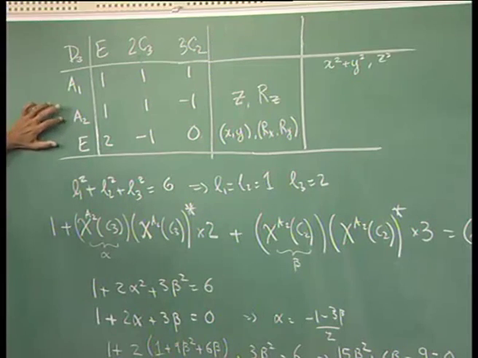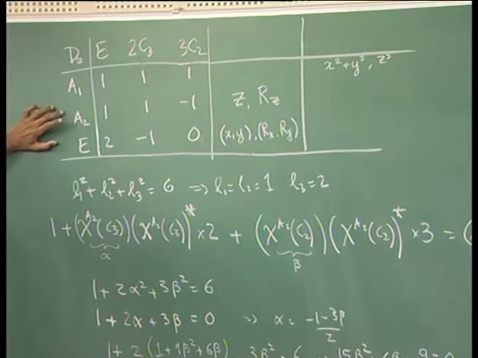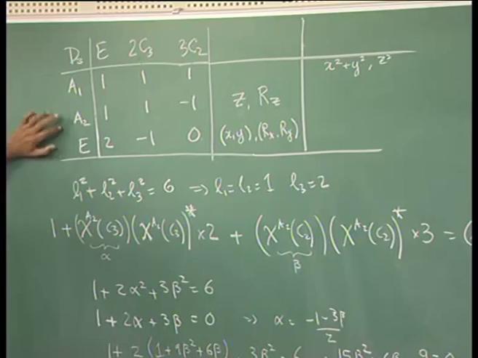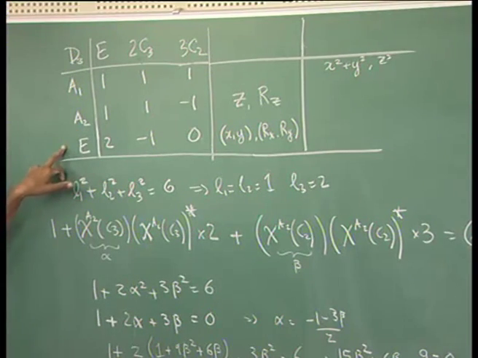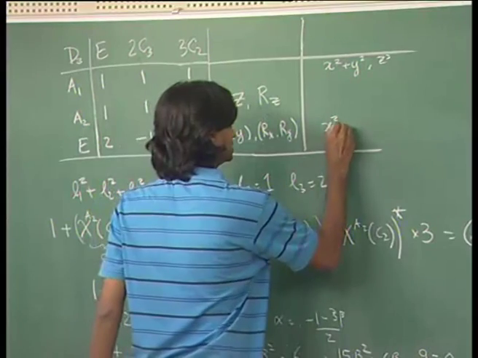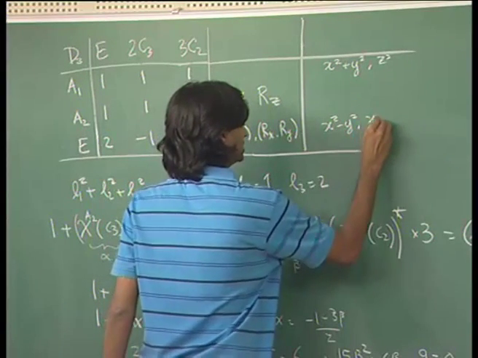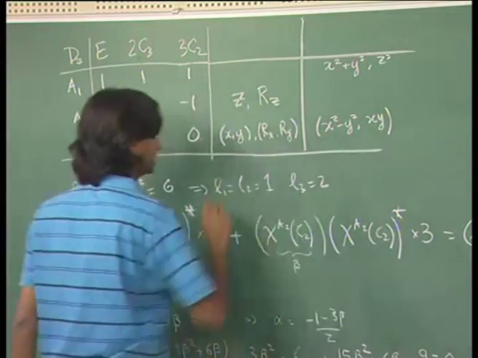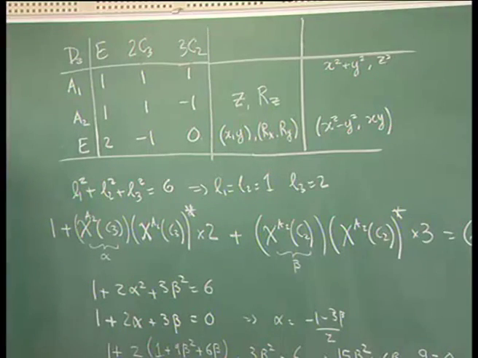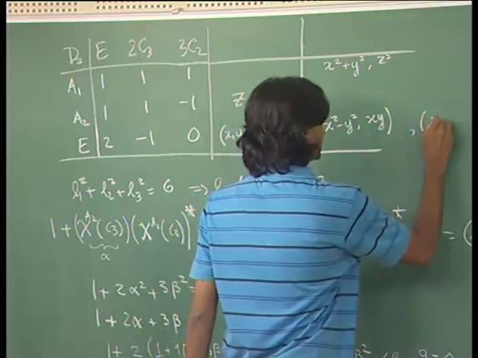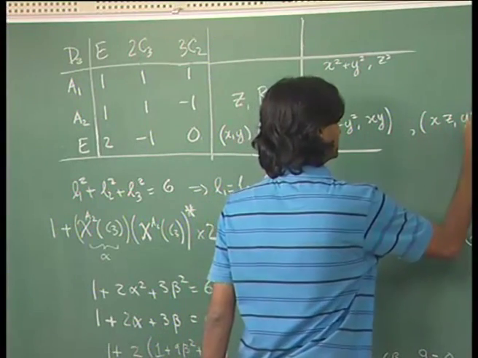Now, what are the products that transform like A2? In this case, there is actually no simple product that transforms as A2, but there are some products that transform as E, and that is x square minus y square, x y. So, it has to be a two-dimensional representation. Or you can have x z, y z.